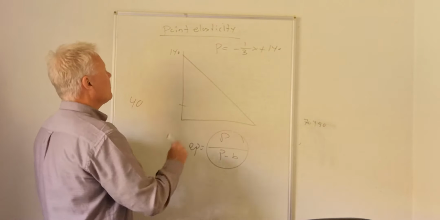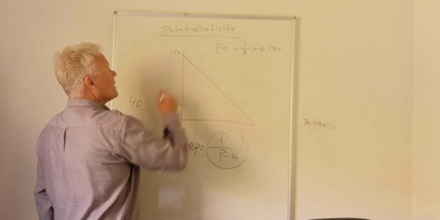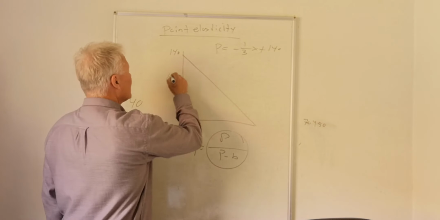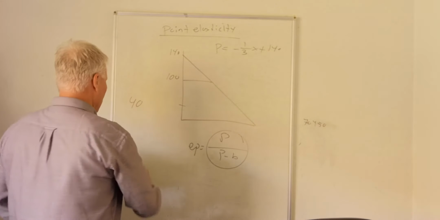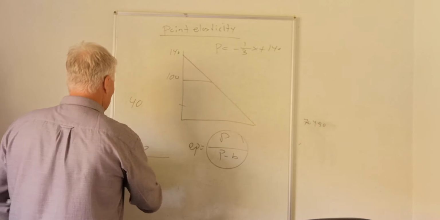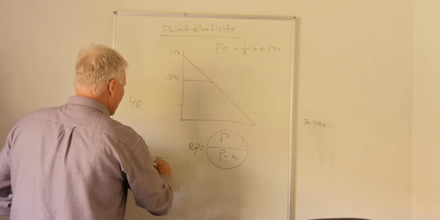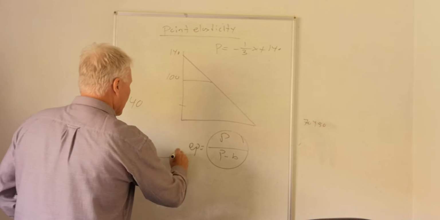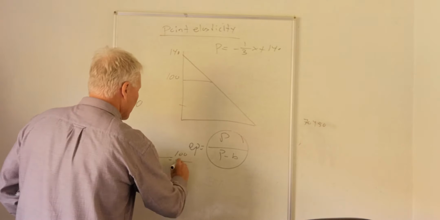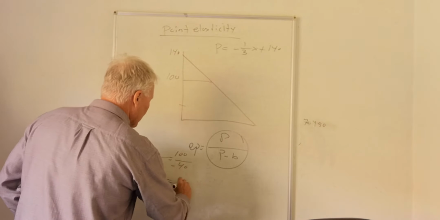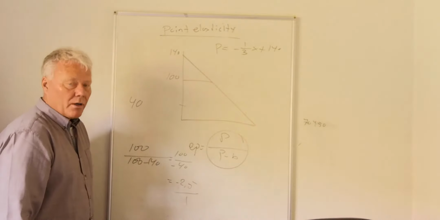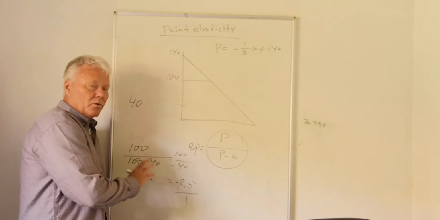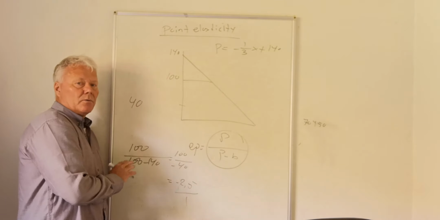Like for instance, let's say that we increase the price to 100. What is the elasticity at 100? That's 100 over 100 minus 140. That gives us 100 divided by minus 40. That is minus 2.5. And you can write it over 1, but normally you only write minus 2.5.